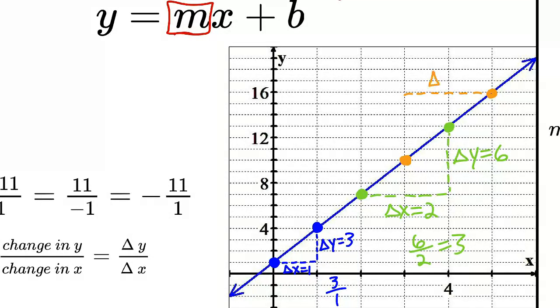That would be a delta x of negative 2 because we're going to the left, and a delta y of negative 6 because we went down. So our delta y over delta x would be negative 6 over negative 2, which also equals 3. So it doesn't matter which point you start from. If you start down here and go up to there, or start up here and go down to there, you will notice that they are negatives here and positives there.